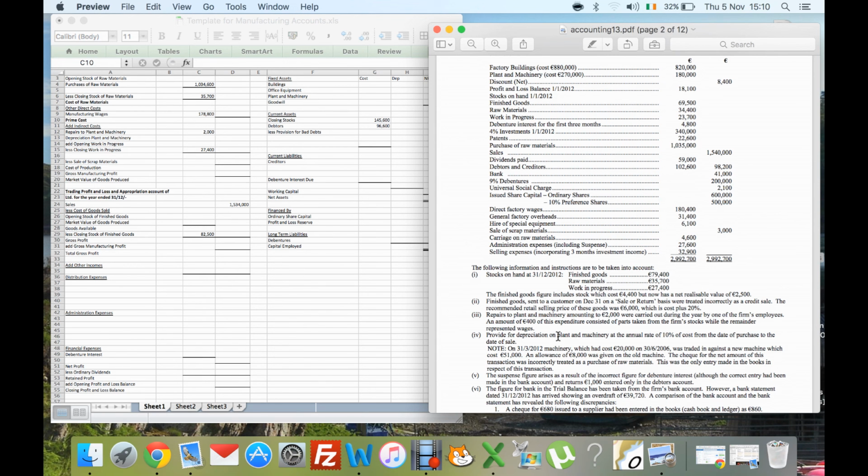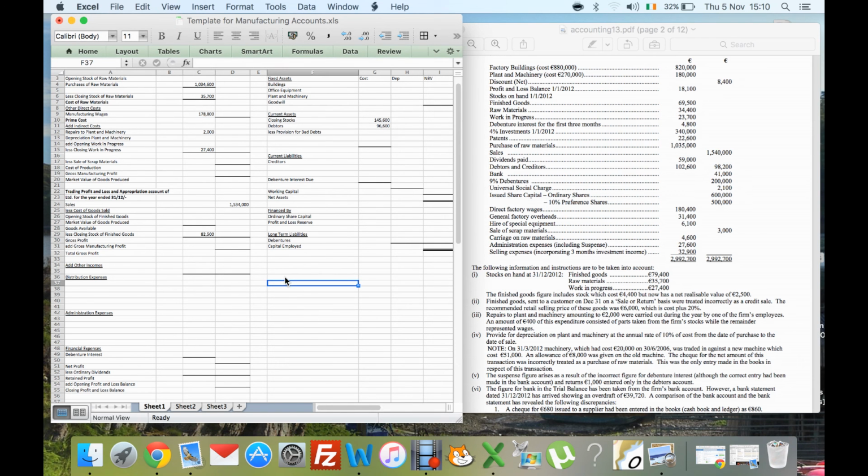Provide for depreciation, plant and machinery, the annual rate 10%. Okay, so this is a bit complicated. There's a number of things I need to do here. I need to fix the plant and machinery, fix the provision for depreciation, plant and machinery, and then I'll need to deal with my disposal.